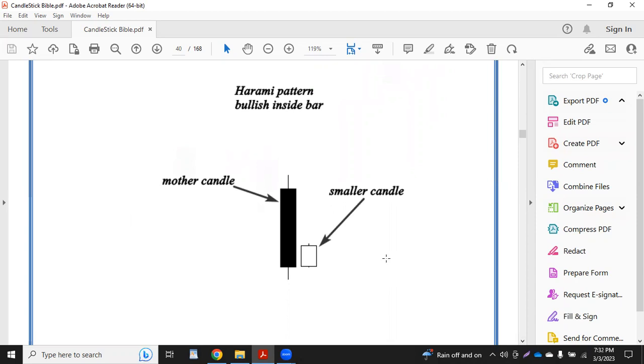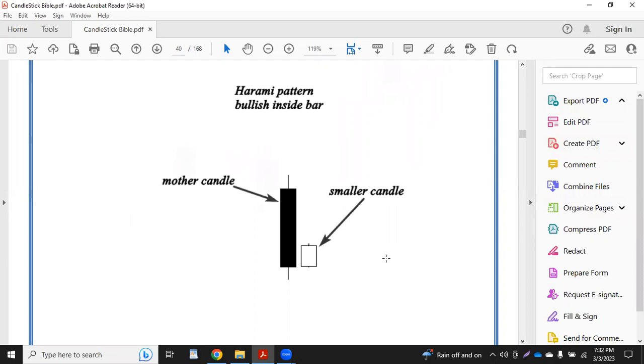Most of these candlestick terms are Japanese, because the Japanese candlestick was invented by a Japanese trader many years ago. We don't really need to know what they mean. What we need to understand is the pattern.